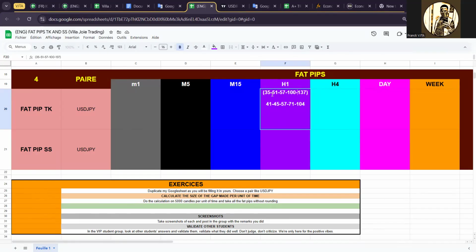So the price can continue in the same direction with 35 pips, but from 51 pips, you have to make a correction. And the last number of the correction here means that, yes, it is too big to continue, but it will continue a little bit smaller. And that too big to continue means that we need to reverse the market soon.